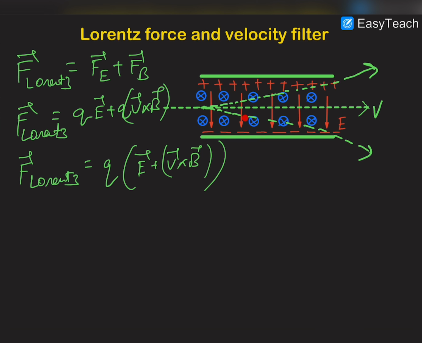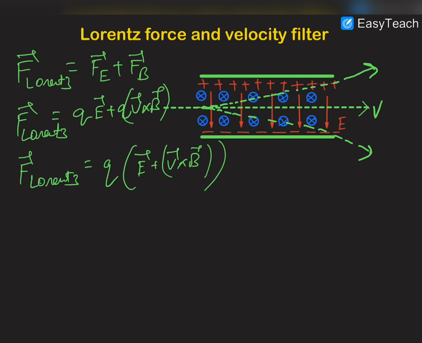Obviously there would be induced charges, and there would be an electric field between these two plates from the top plate to the bottom plate due to the presence of charge. Now we have also used two big magnets which are kept on either side of the gap of the plates, which means that we have created a magnetic field which is going inside the plane.